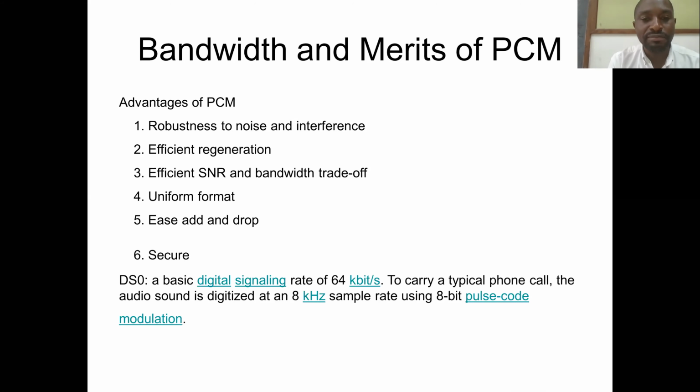So if you sample at twice that frequency, which is 4 times 2, you get 8 kilohertz, which is basically the number of samples per second, and each sample will have 8 bits. Multiplying those two gives you the data rate of 64 kilobits per second. And that's the basic digital signal 0.